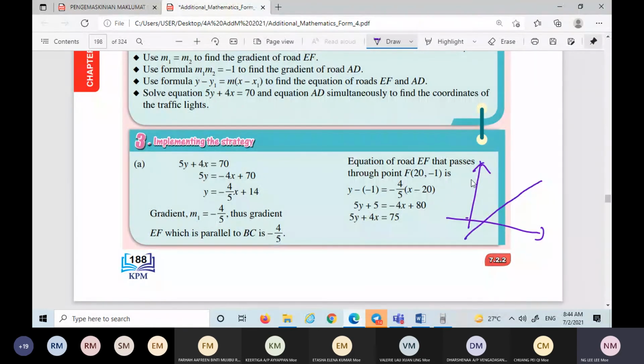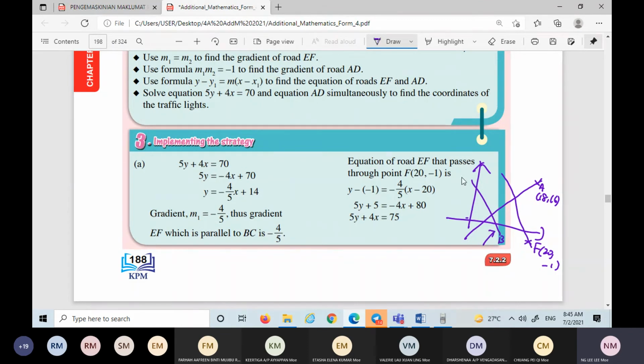AD, BC, EF. A is here, 18, 16. F is here, 20, -1. I know BC.